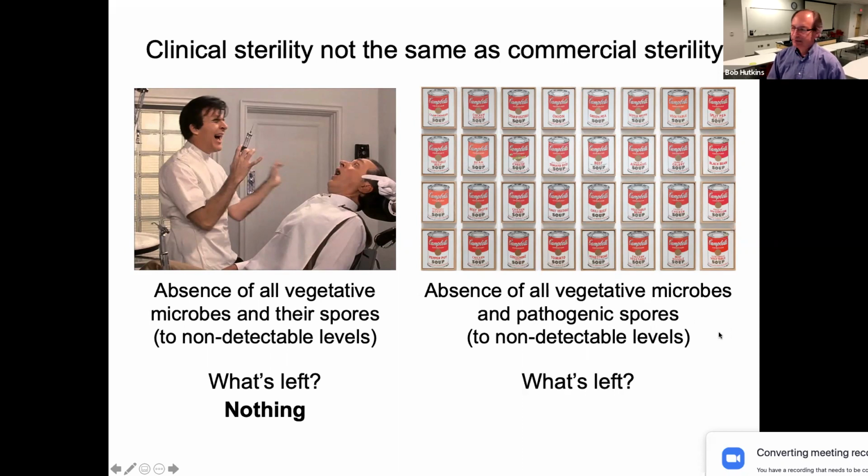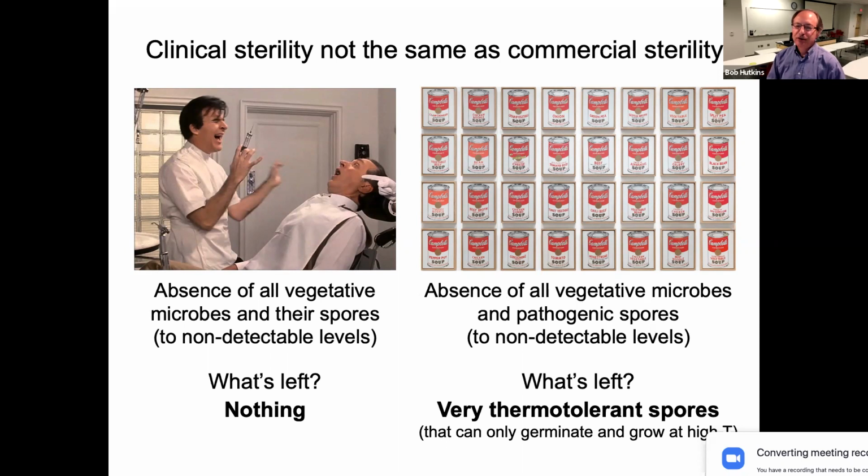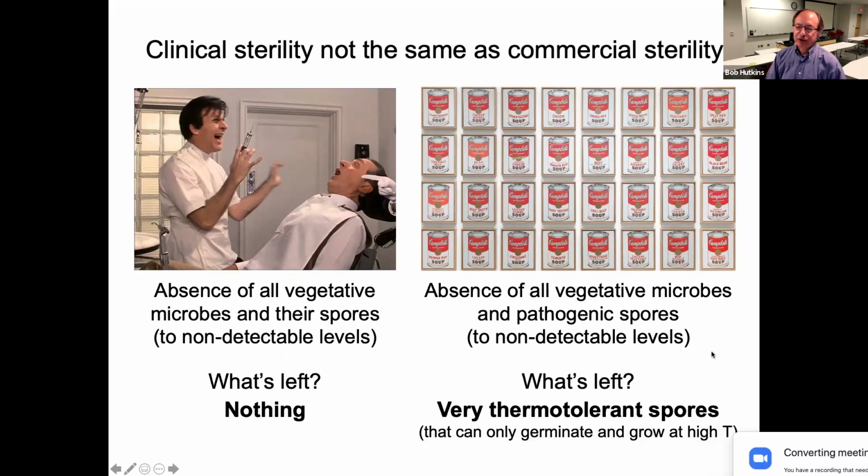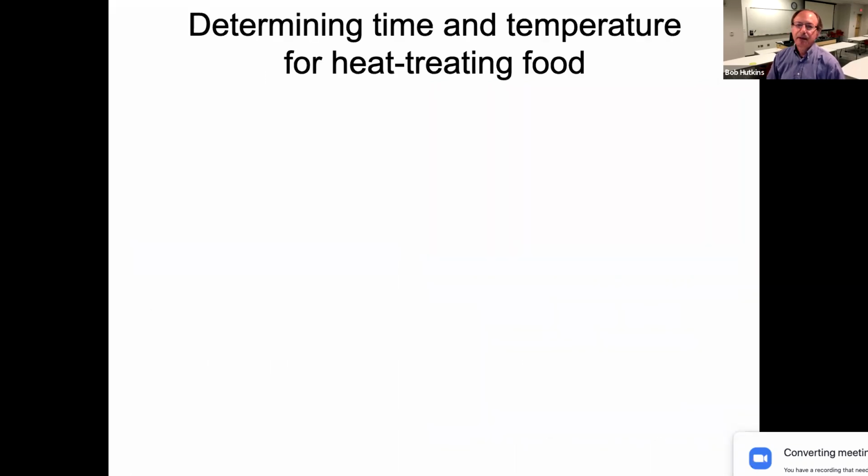What's left? Very, very thermotolerant spores that can only germinate and grow at high temperature. So under normal conditions, they are not a problem. Canned foods on the shelf may have a few spores, but they're not pathogenic and they're not going to germinate. Note that in both of these, vegetative cells are killed.